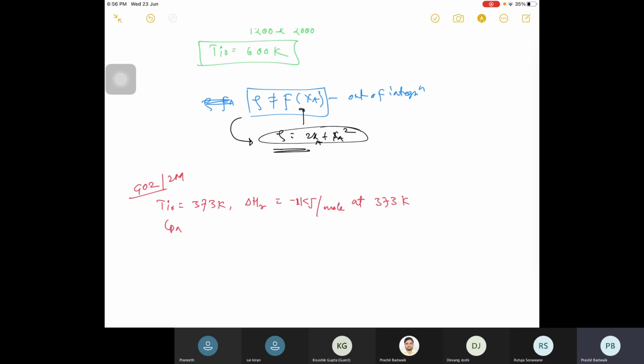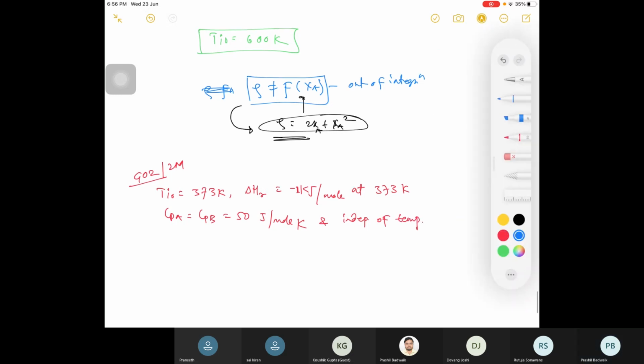Your Cp of A, Cp of B is equals to 50 joule per mole Kelvin, and independent of temperature rise. This reaction is carried out in batch reactor BR. Conversion is given as 50%. You need to find out temperature rise.